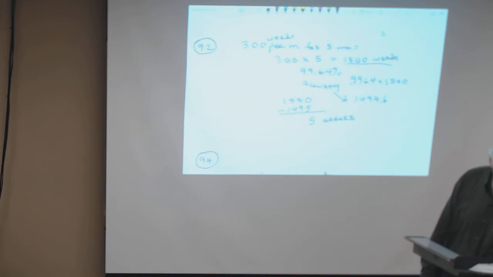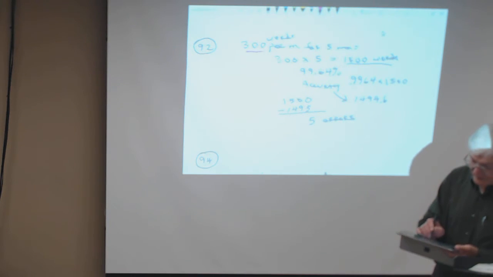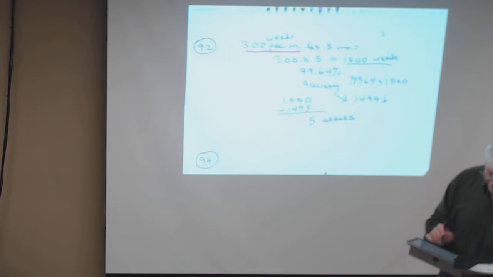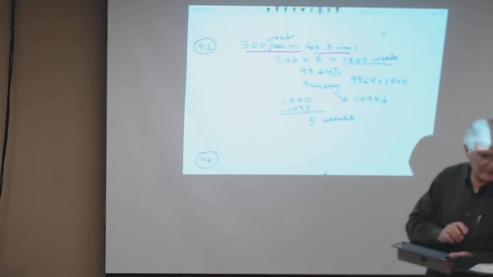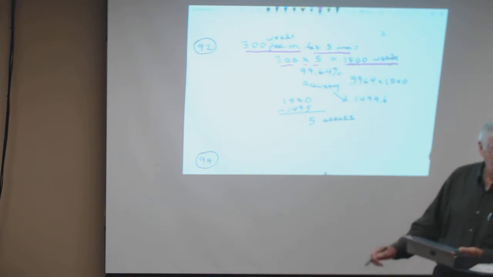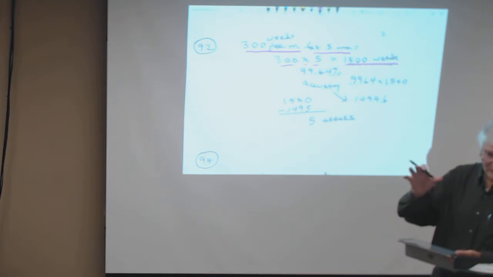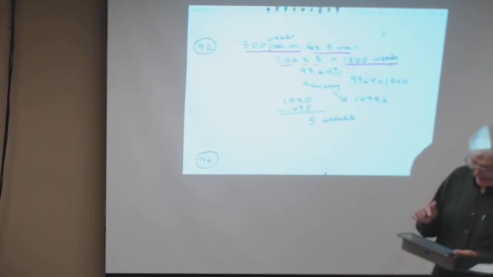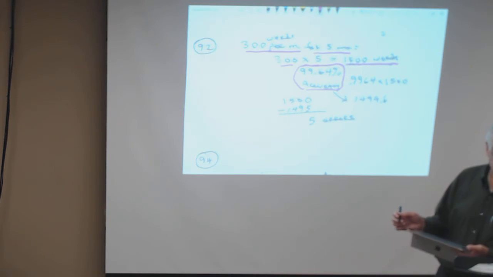Number 92. The highest recorded shorthand speed was 300 words per minute, for 5 minutes. So that means in 5 minutes, how many words? 300 times 5 would be a total of 1,500 words taken in 5 minutes in shorthand. You follow that? And out of those 1,500 words, it said what? Accuracy was 99.64%.